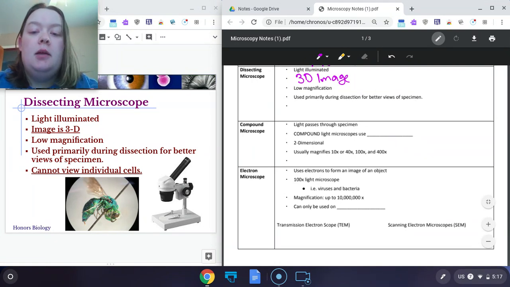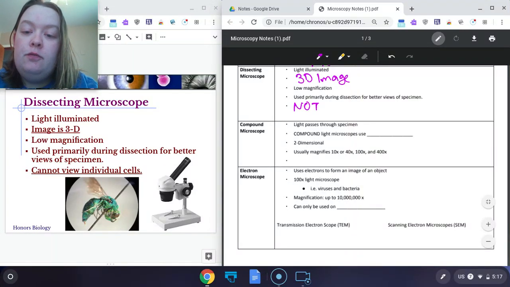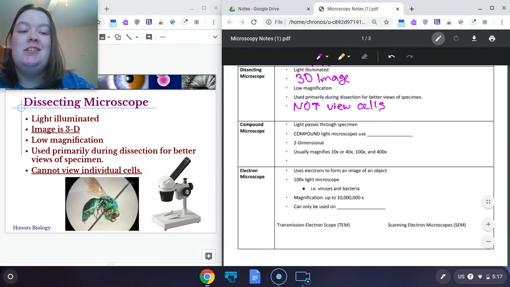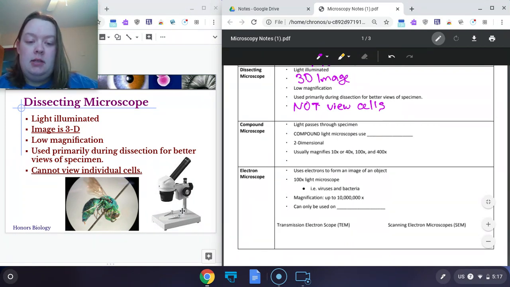It can be any type of dissection, but it cannot view individual cells. So using the dissection microscope, you cannot see individual cells. You can only see larger tissues. And this is the image of a dissecting microscope here. It'll be the simplest one that we see.